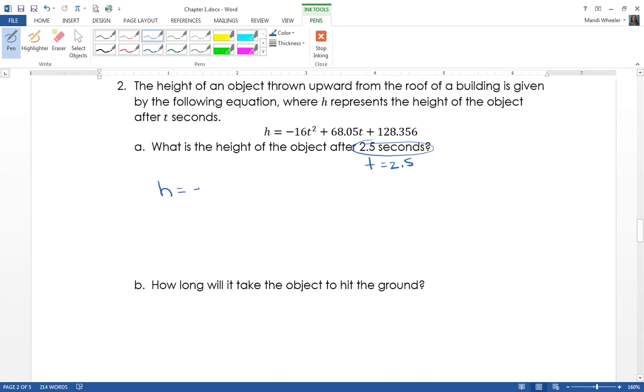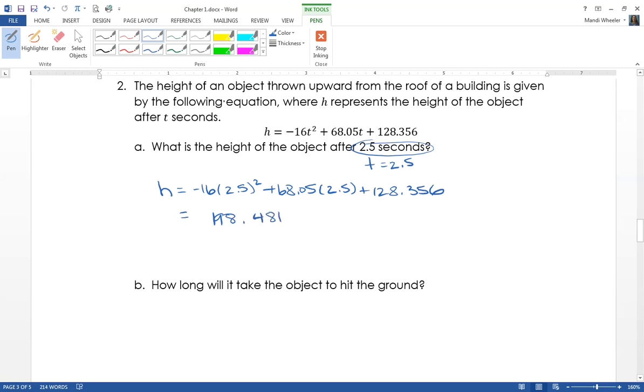So this one we're just going to plug in 2.5 for our t. When we plug that in, I get that the height is 198.481.